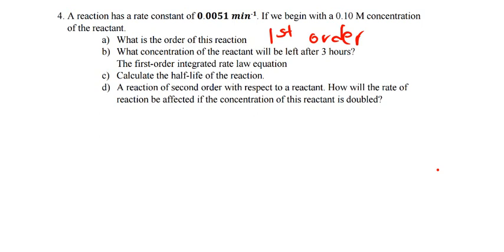Okay, so how do you tell it's a first order? By looking at the units of K. So the formula that we usually use, you look at this. What do we look at? The units that exist in a rate constant are molar and second.